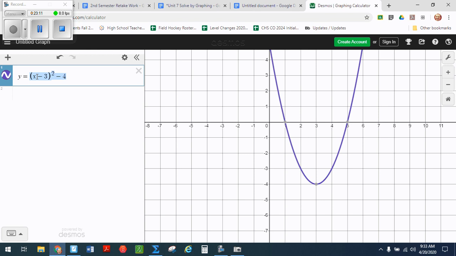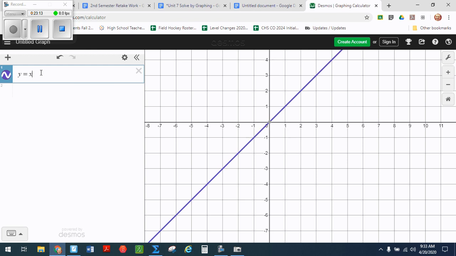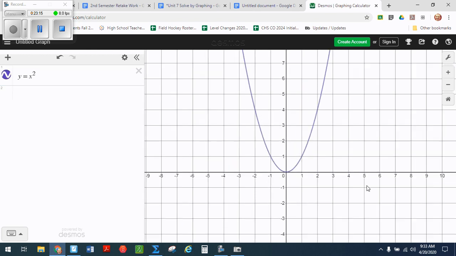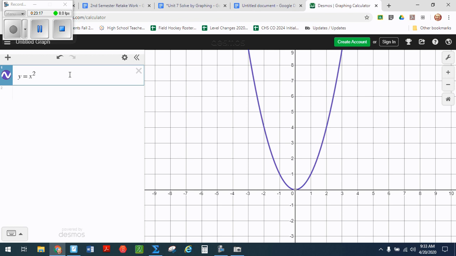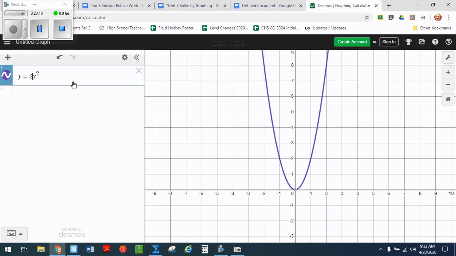If I just take my x squared graph, there's my x squared graph. If I put a 2 in front, instead of going over 1, up 1, I'm actually going over 1, up 2.